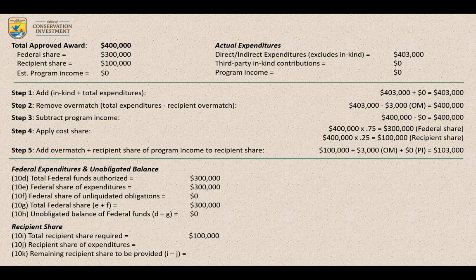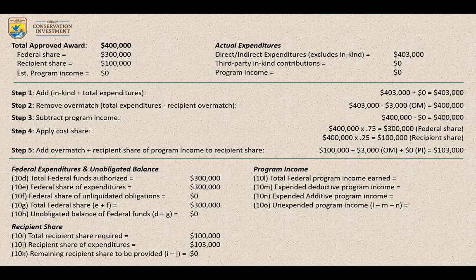Field 10J represents the recipient share of the expenditures. This amount is $103,000 and comes from Step 5. Field 10K represents the remaining recipient share to be provided. This amount is determined by subtracting the value in 10J from the value in 10I. The remaining recipient share to be provided is 0.